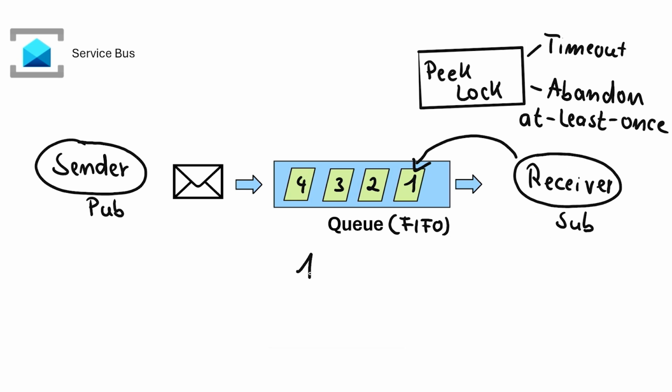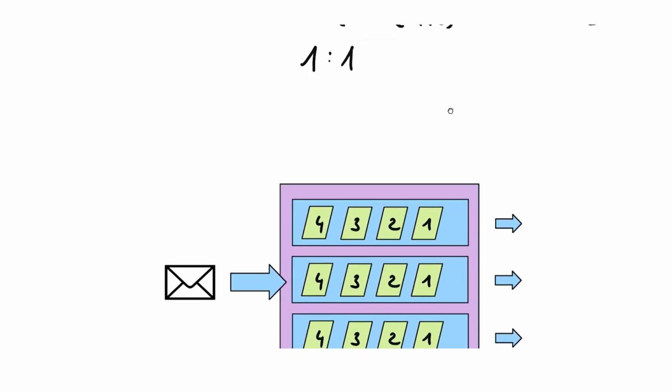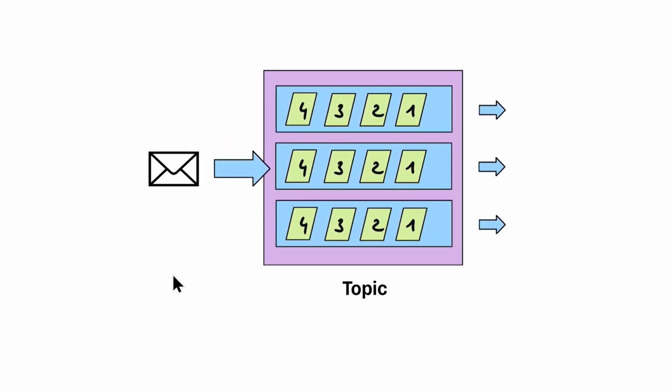In this section, we learned that we have a one-to-one relationship between a sender and receiver component in a queue. With topics, we're making this a bit more flexible in the sense that we have one sender, but we can have multiple receivers. So basically multiple components that can create a subscription if they're interested in receiving messages from a specific topic.